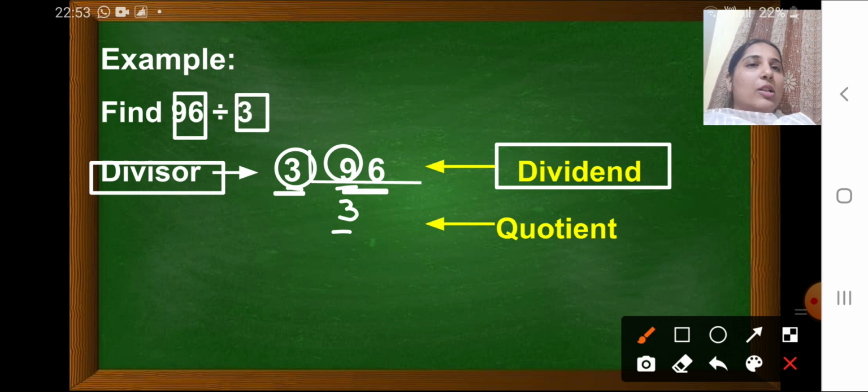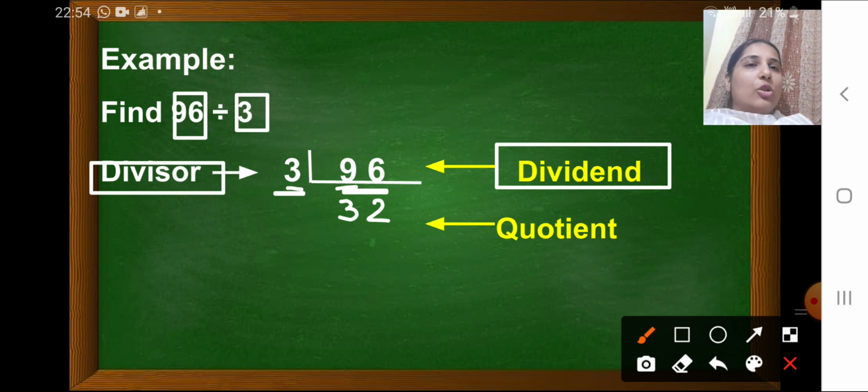Now let's move to the next digit of the dividend. What is the next digit? It's 6. In the multiplication table of 3, how many times will you get 6? Or 6 divided by 3, what will you get? 3 ones are 3, 3 twos are 6, so 2 times. That 2 we will write just below.